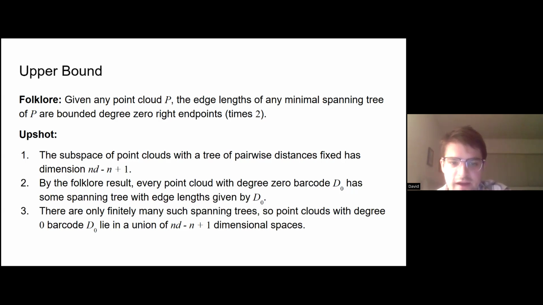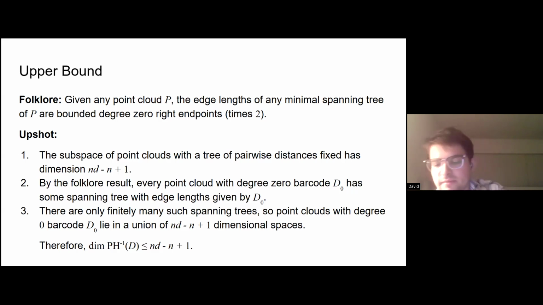Since there are only finitely many such spanning trees, point clouds with degree zero barcode D0 have to lie on a finite union of nd minus n plus 1 dimensional spaces. So this implies that the dimension of the level set of D has to be less than or equal to nd minus n plus 1.